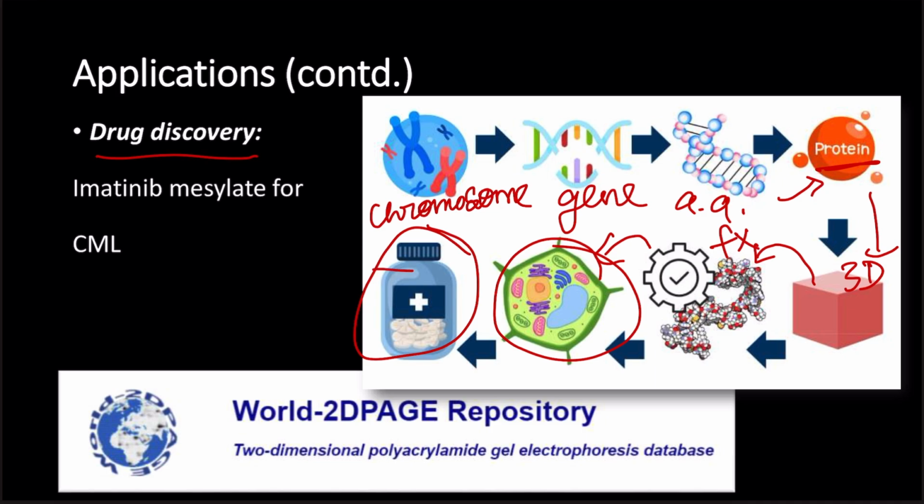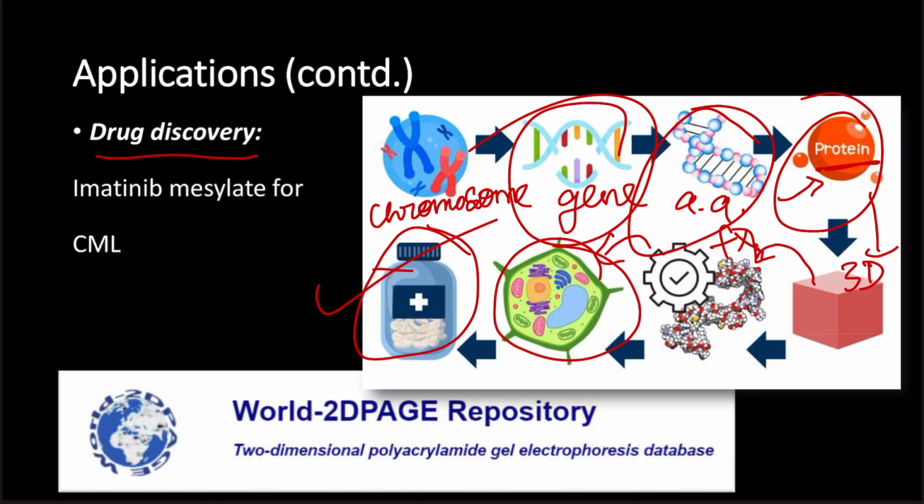So this is the way drugs are discovered with the help of bioinformatics, because bioinformatics comes into play in almost every step of this, that is in gene analysis, then in amino acid analysis, in protein sequencing, then in the structure analysis, then in the functional analysis of the proteins.